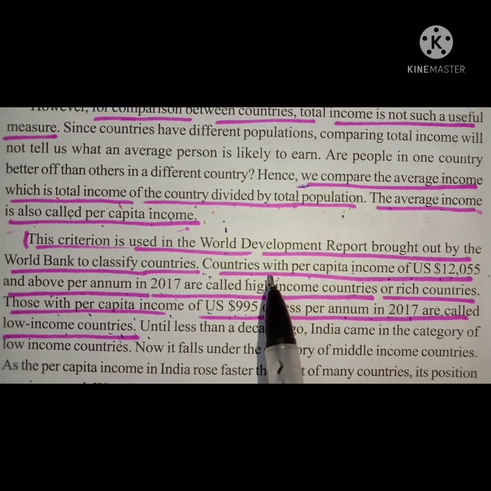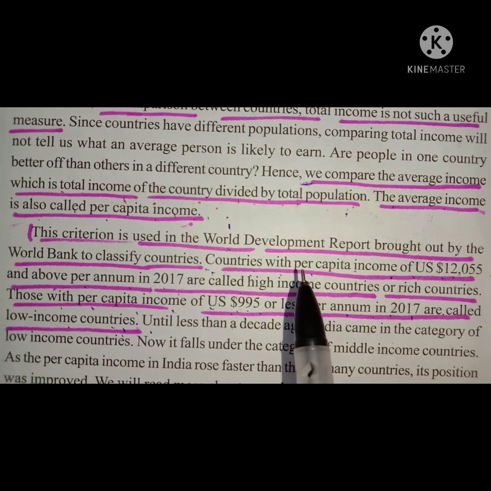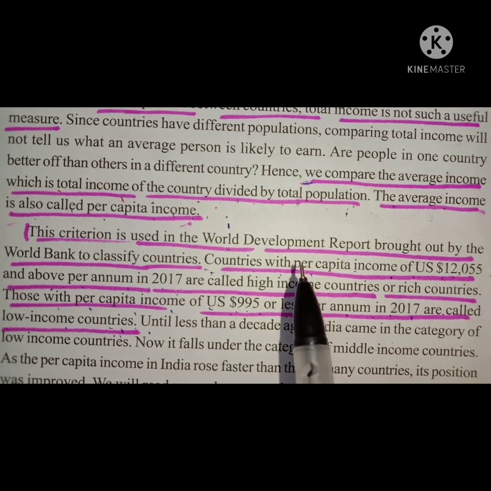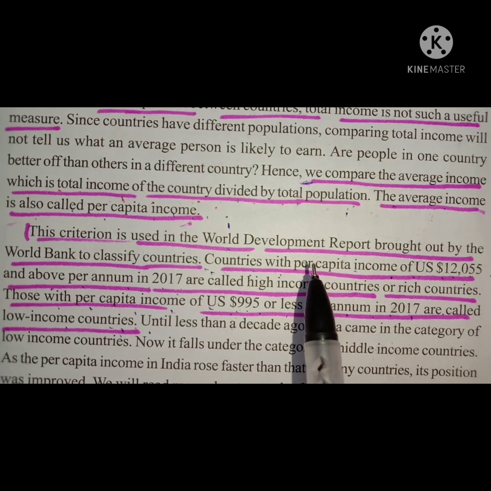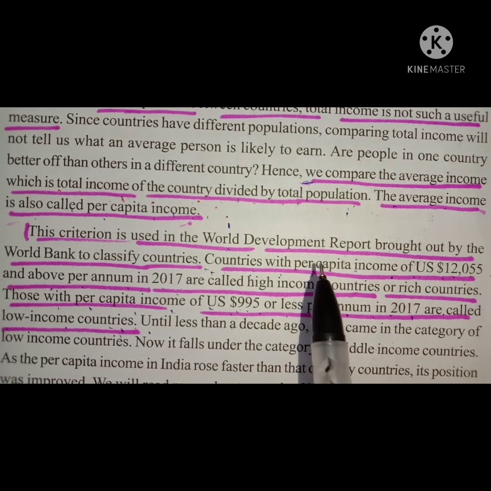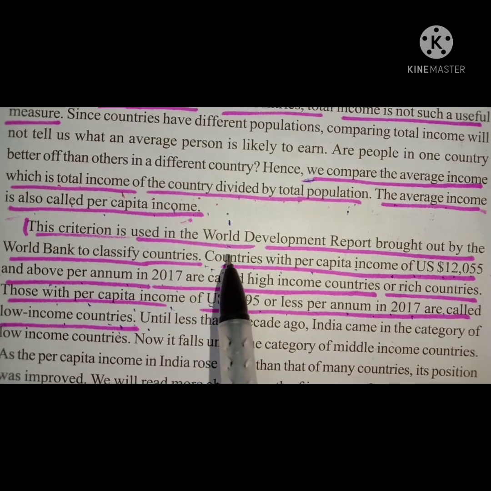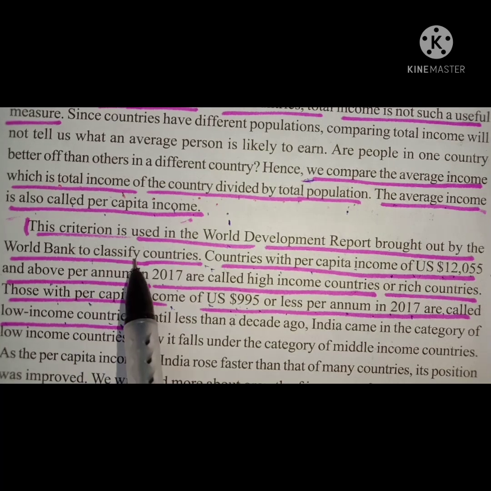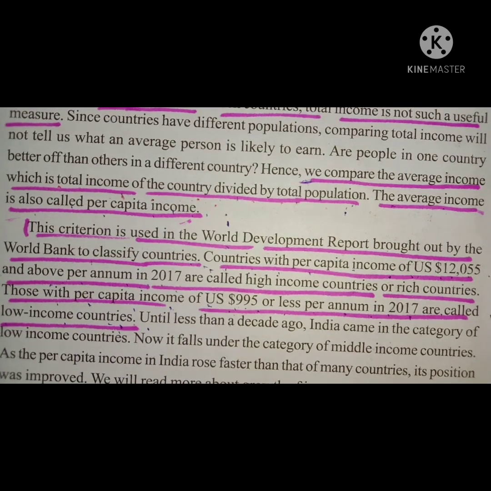Because a common medium of exchange is needed, as different countries have their own currency, and the dollar is considered a strong and stable currency. So it is taken as the common medium of exchange. So the World Development Report brought out by the World Bank classifies countries in US dollars.